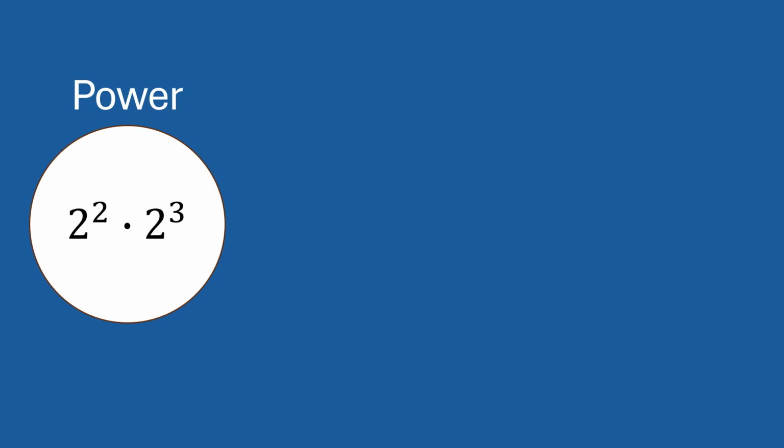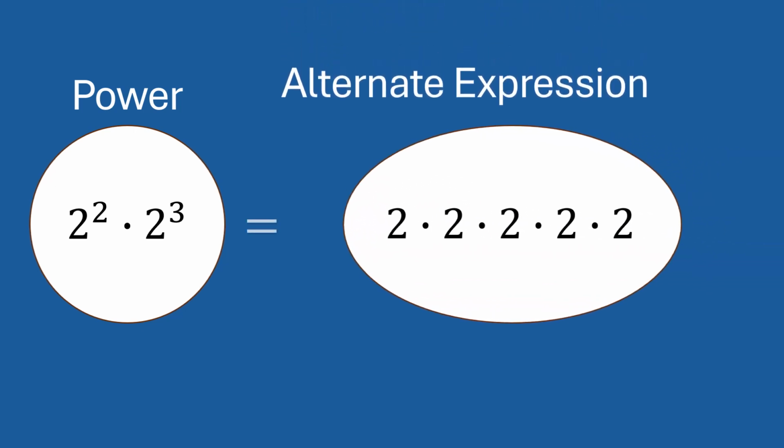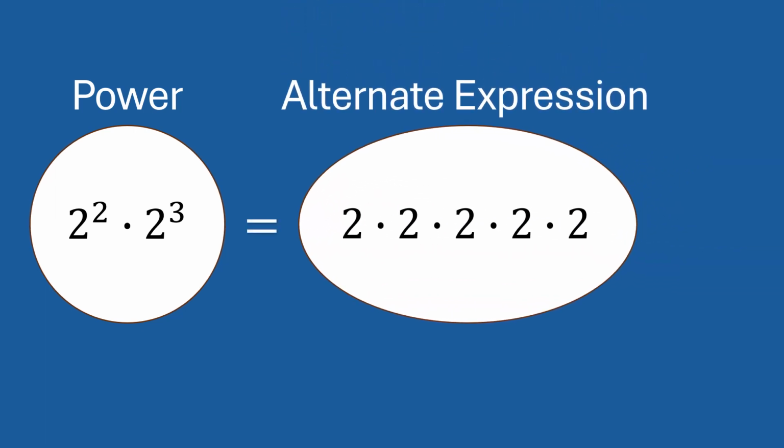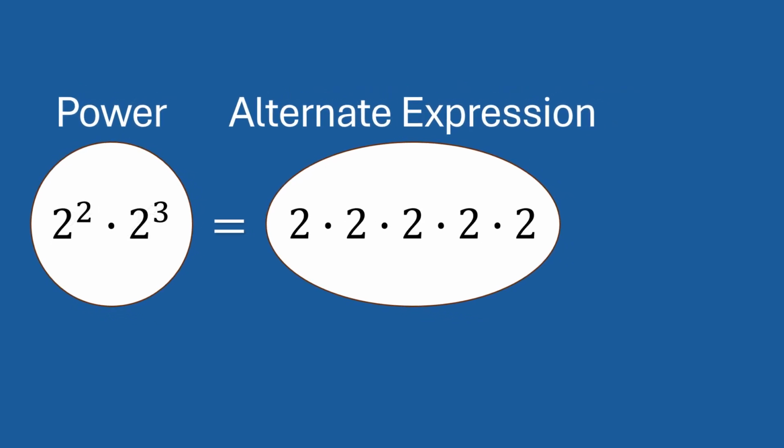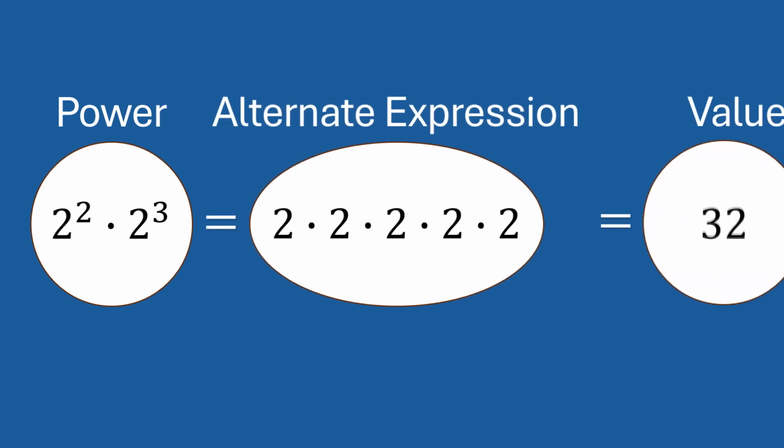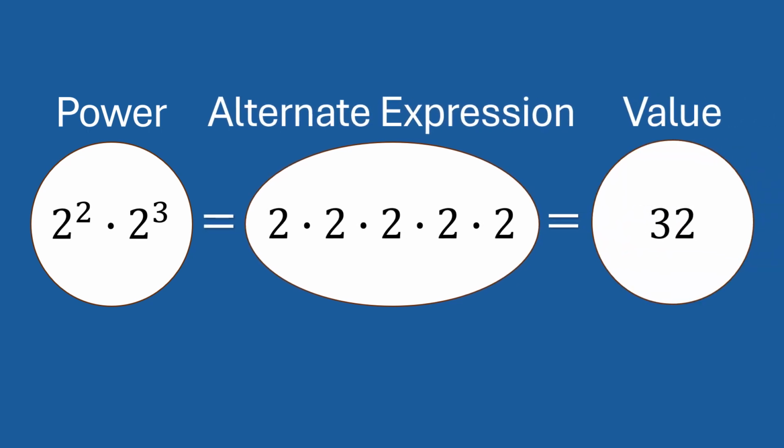In this situation, if I create the alternate expression, you'll notice that all that happens is that all of the values get rewritten. This will now give me a final value equal to 32. And that's it.